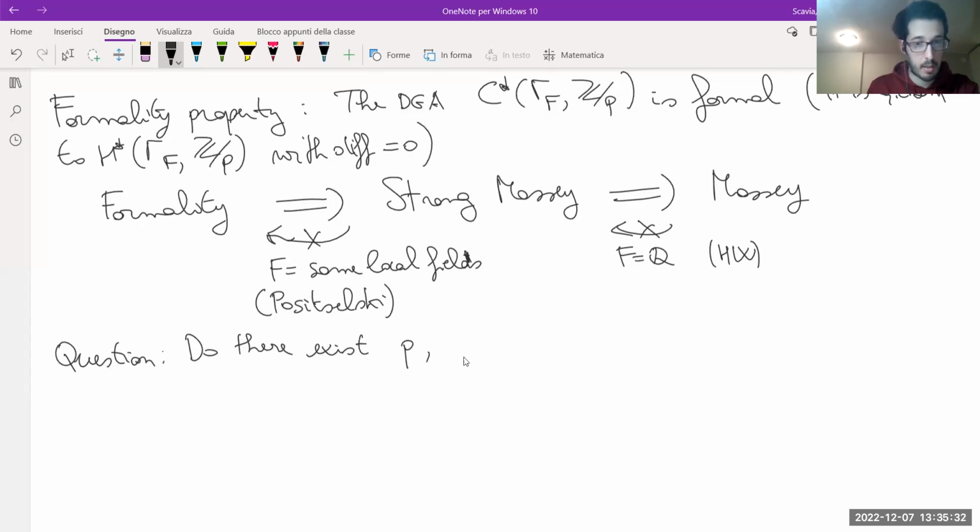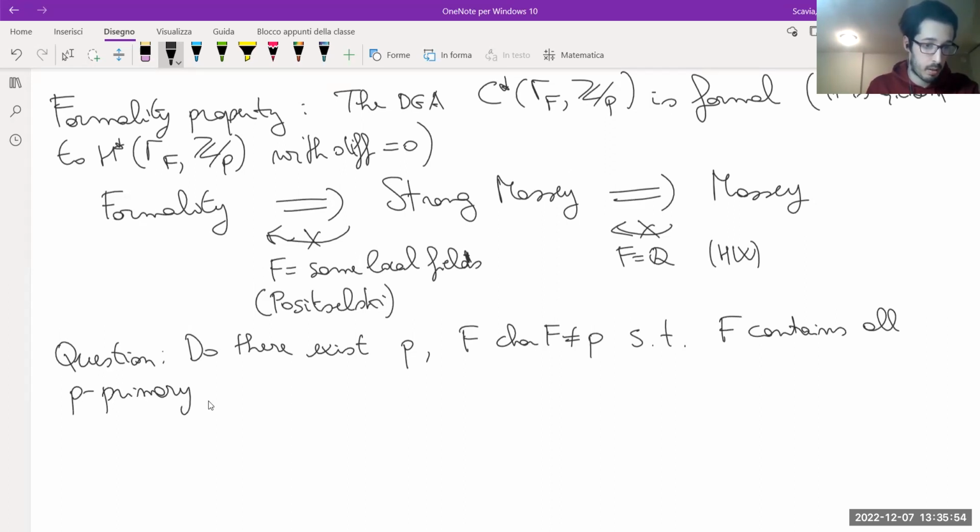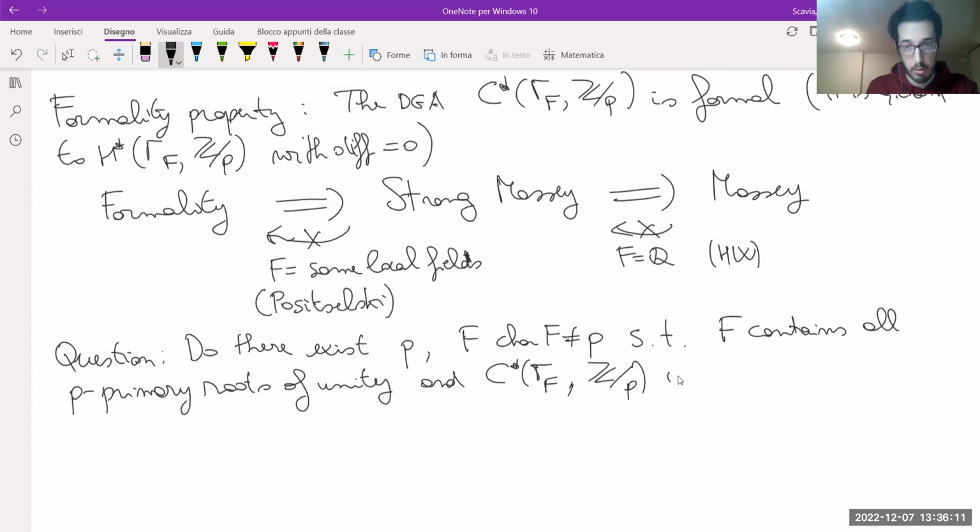a prime p and a field F of characteristic different from p, such that F contains all roots of unity, or if you want, all p-primary roots of unity, but still the cochains DGA is not formal?